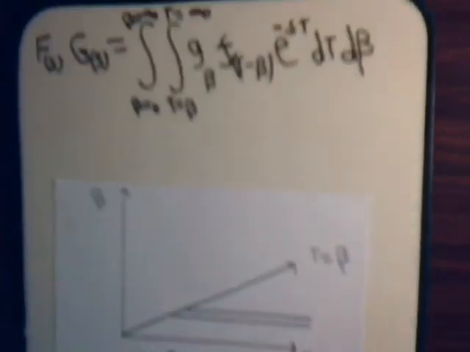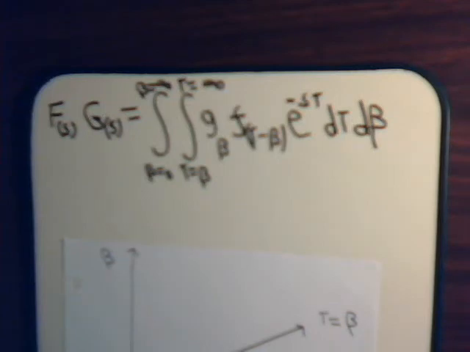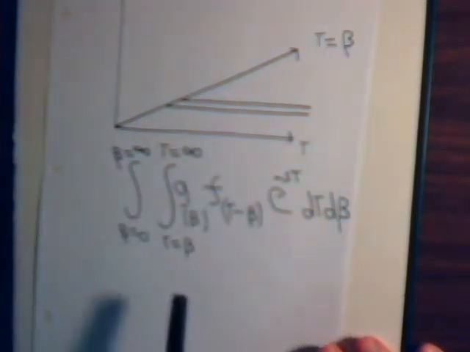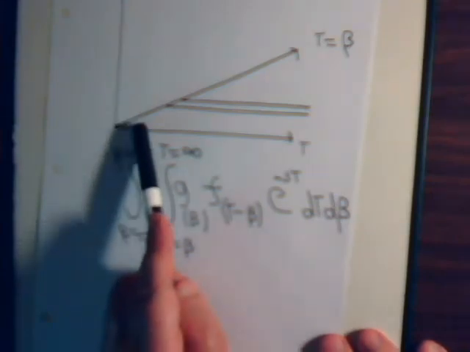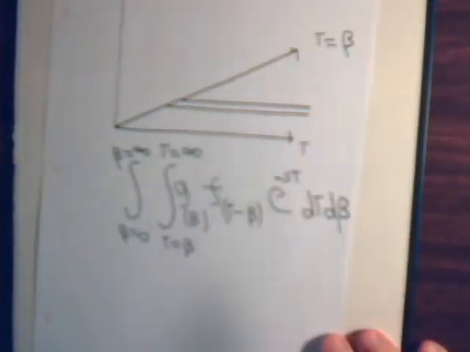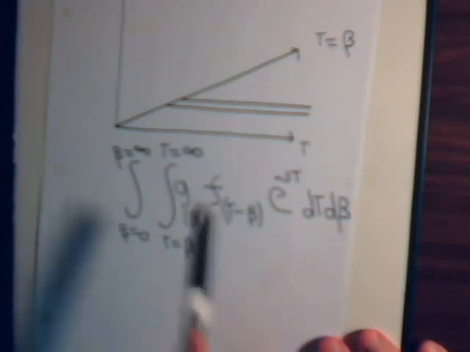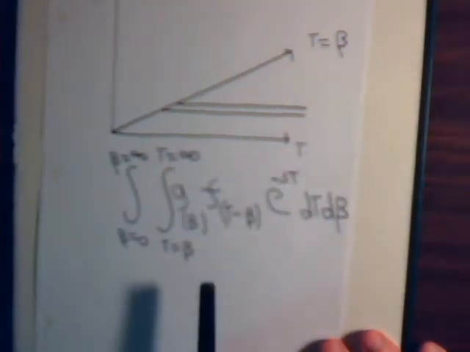And this double integral is the same one we had written at the top of the board. Now, the way this is set up, t goes from beta to infinity. So we're starting with t equals beta, which is just this diagonal at a 45-degree angle, and we're summing from t equals beta out to t equals infinity. So we're taking the area here as t goes to infinity, and of course also as beta goes to infinity.